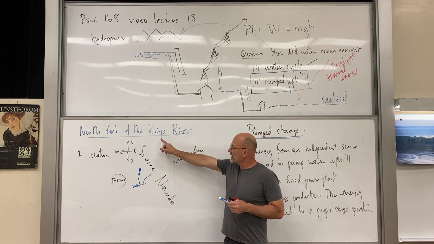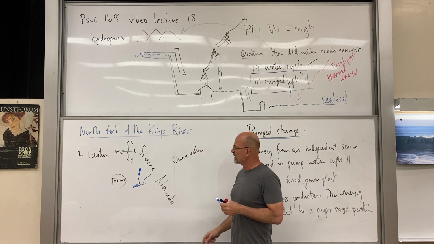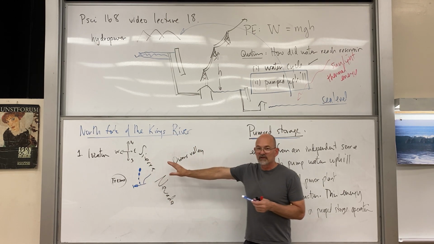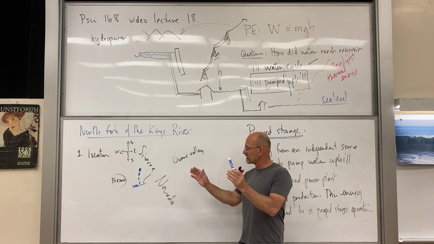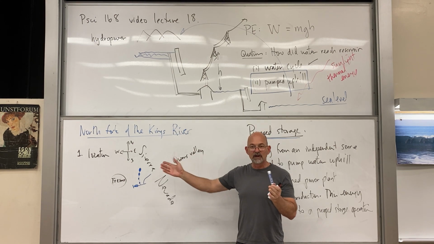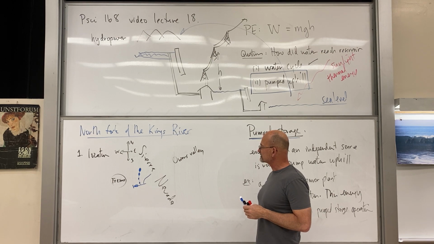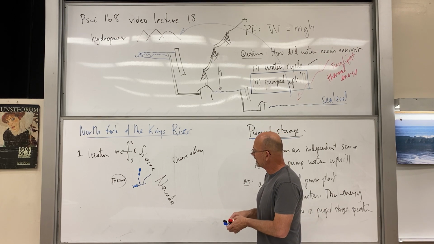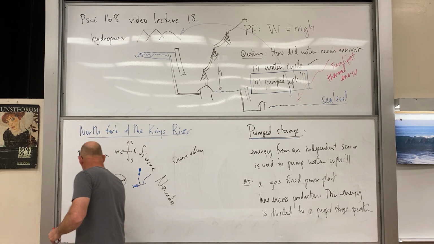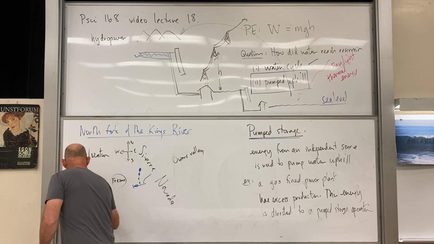So North Fork of the Kings River. That's the first thing. See if you can orient yourself on a map, you know, the intermediate sized chunk of Central California.